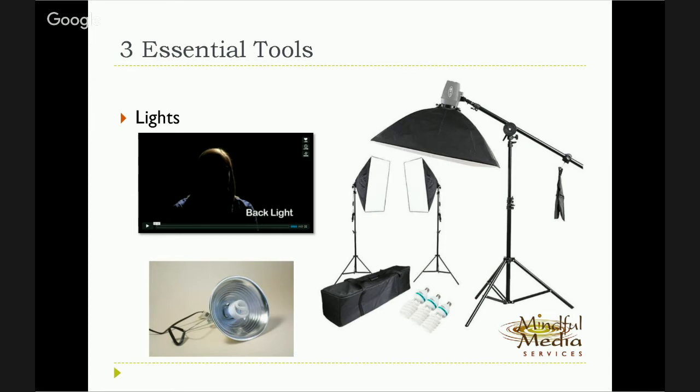In fact, I have a kit very similar to this, and it serves me really well. It projects a beautiful, soft light. That's what it's called, because it has that white fabric over the front of your light bulbs, and it just softens the light and makes it really nice and even on your subject.